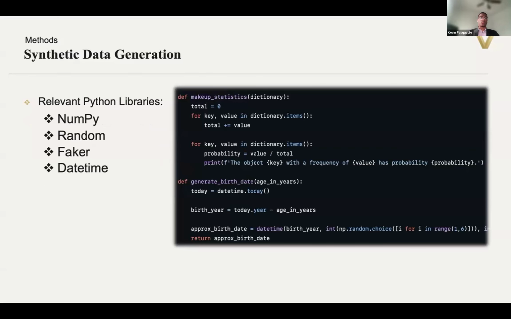We used libraries like NumPy, Random, Faker, and Datetime to produce key vaccine information such as the patient name, age, gender, race, insurance, vaccine manufacturer, and the site of injection.